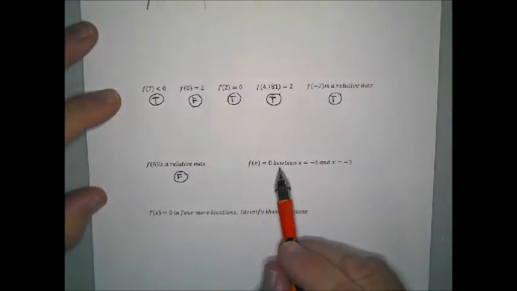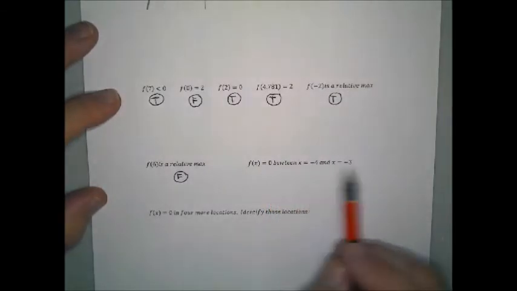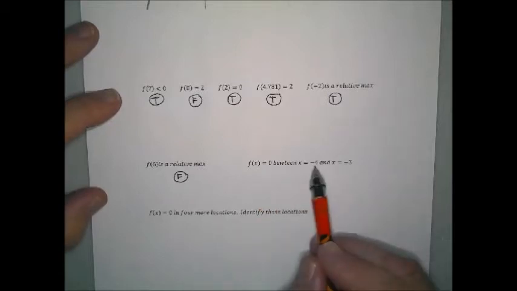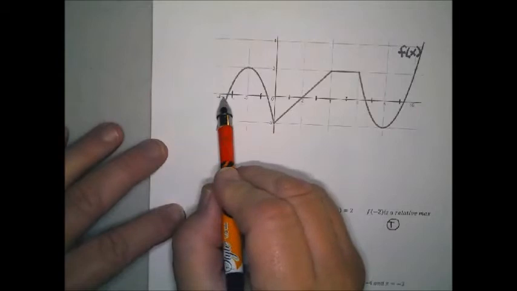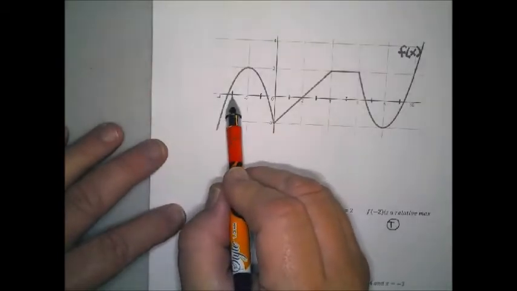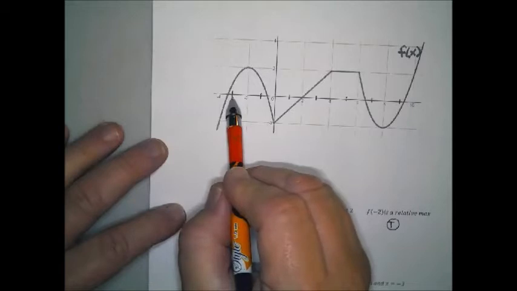F of x equals 0 between negative 4 and negative 3. So, on the f of x function, when x is negative 4 and x is negative 3, between those two values, is the function equal to 0? Is the y value 0? And sure enough, it is, right there.